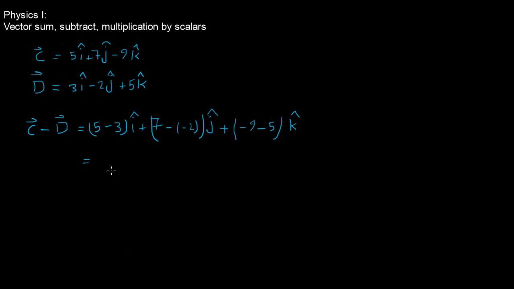So it is equal to 2i hat, 7 plus 2, so it is 9j hat minus 14k hat.